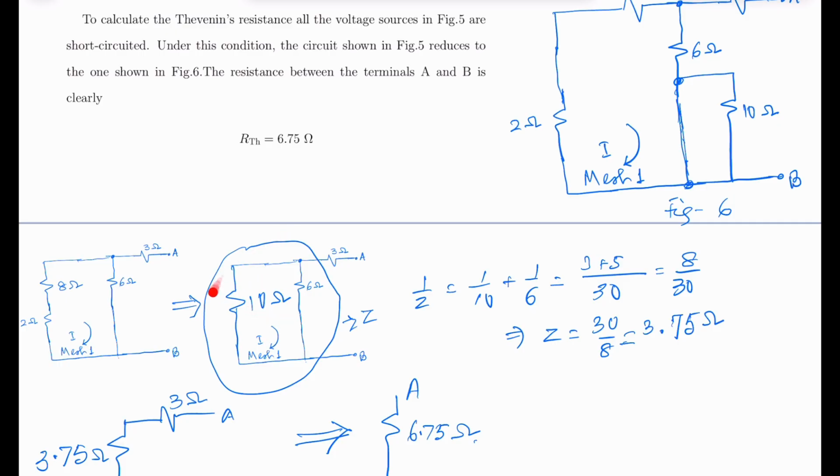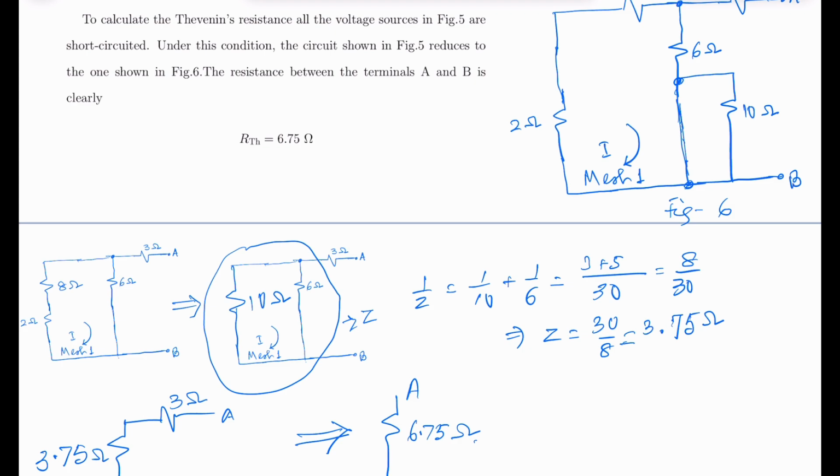If it has the value Z, then the impedance of this part can be found by using this formula. 1 upon Z is 1 upon 10 plus 1 upon 6, and this gives you the value of Z as 3.75 ohm.